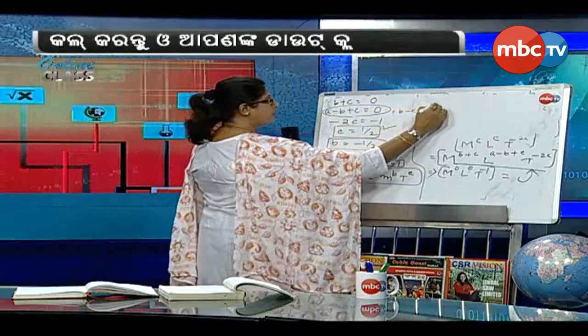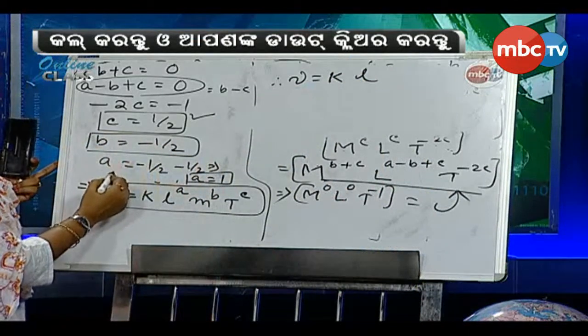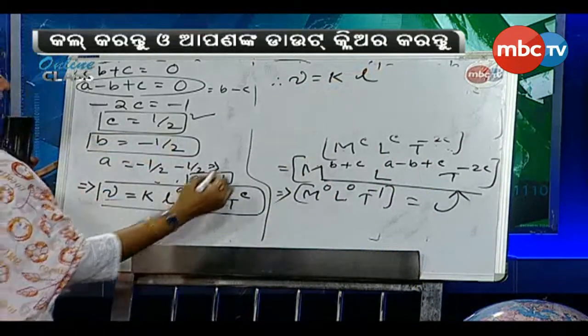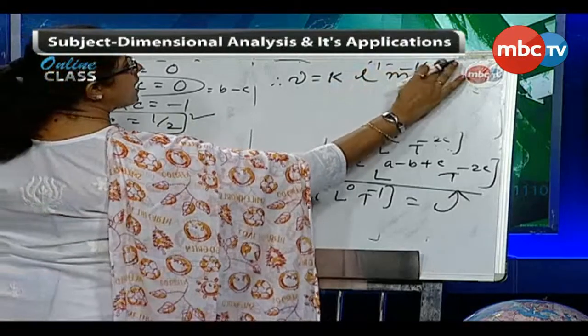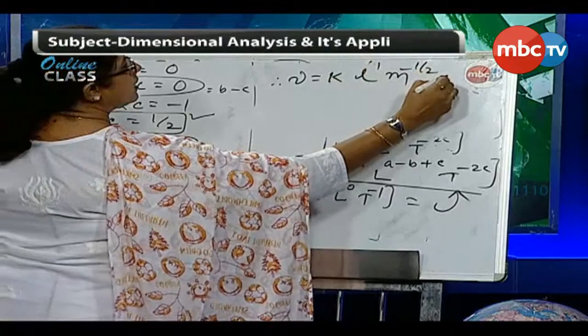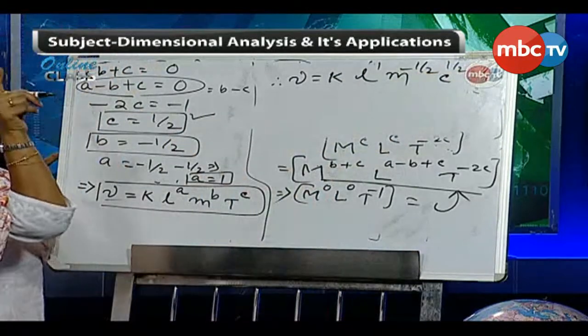Now put it. Therefore, frequency is equal to K L to the power 1, M to the power minus half, T to the power half. The power half means square root.